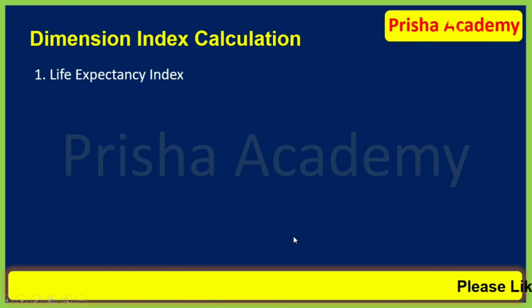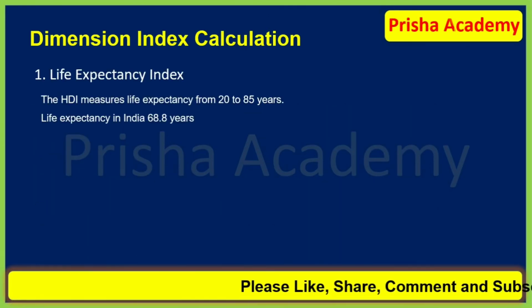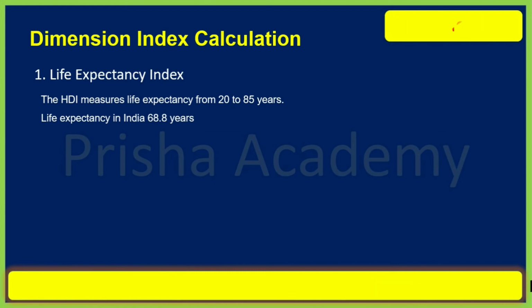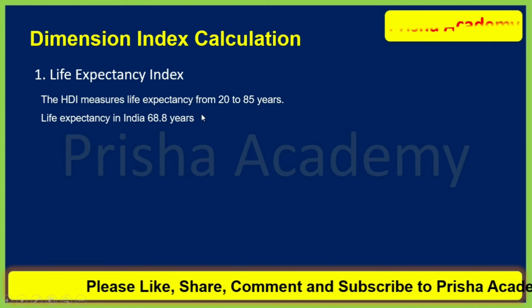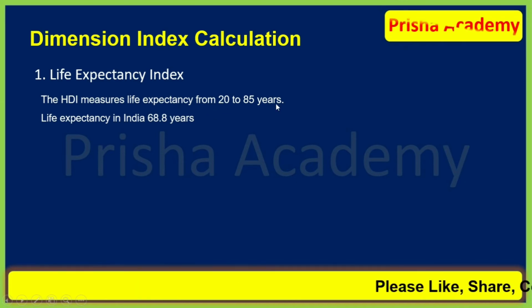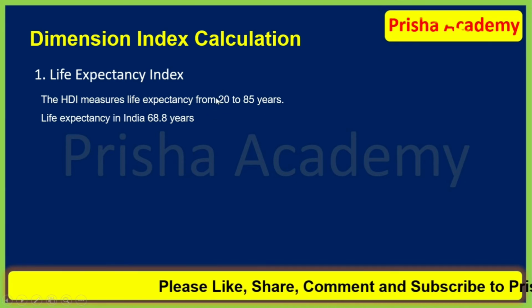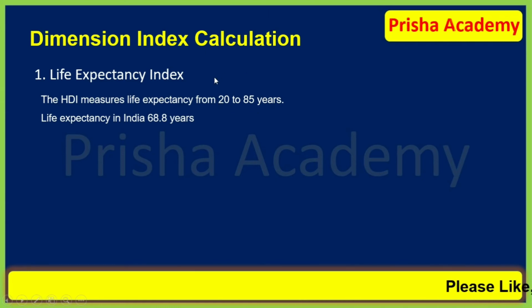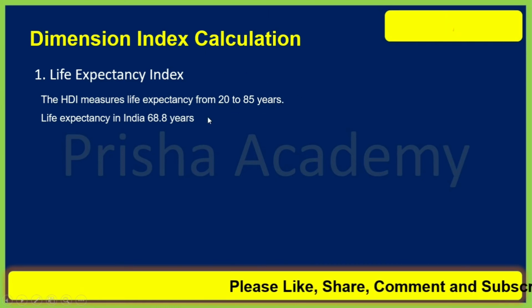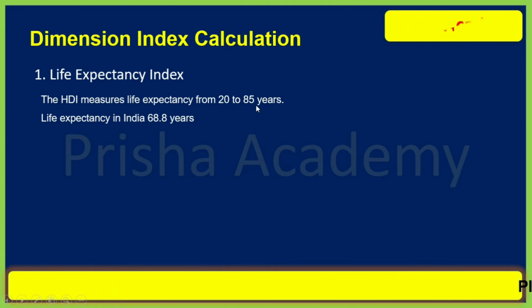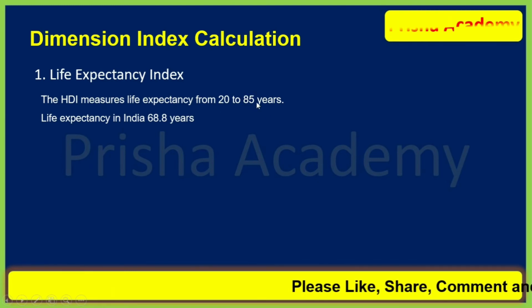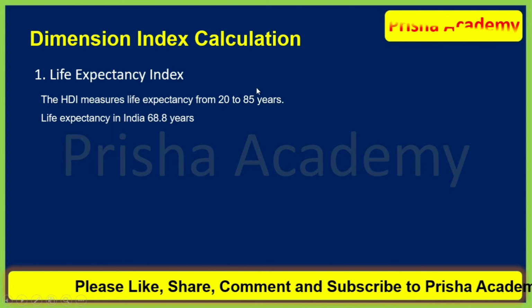So let's start. First is the life expectancy index. Previously we saw that the HDI measures life expectancy from 20 to 85 years. They say that the minimum a person will live is 20 years. Average life expectancy in any country cannot be below 20 years, and it is 85 years in some countries. So they have taken this range.